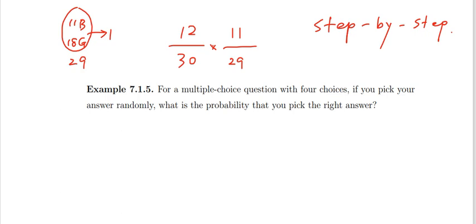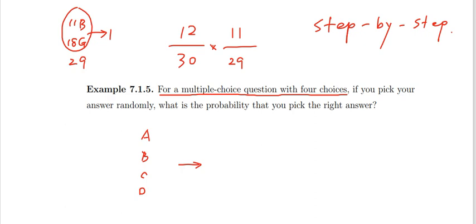Okay. So for this problem, we say if we have one question. This question is a multiple choice question. Has 4 choices A, B, C, D, right? So answer is A, B, C, D. So you just pick your answer.